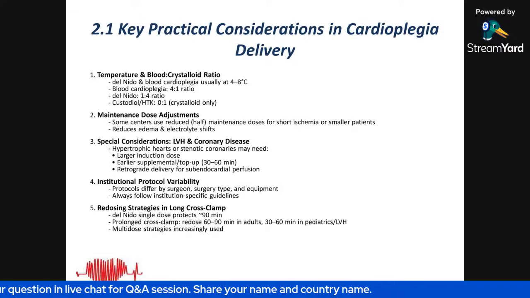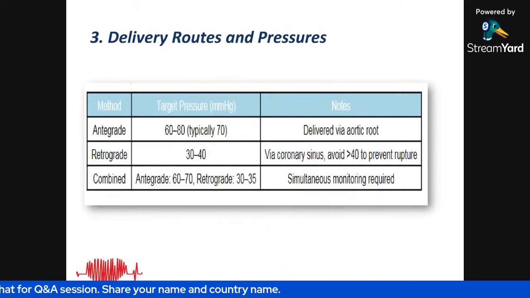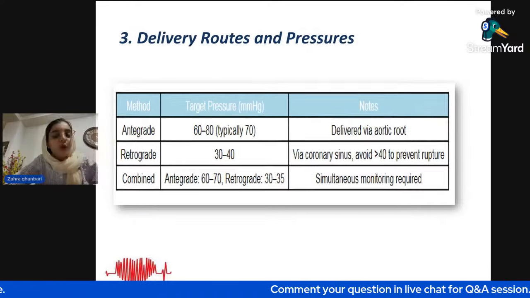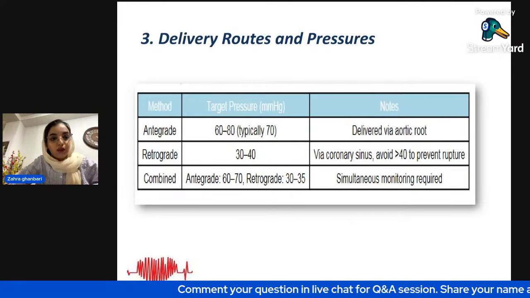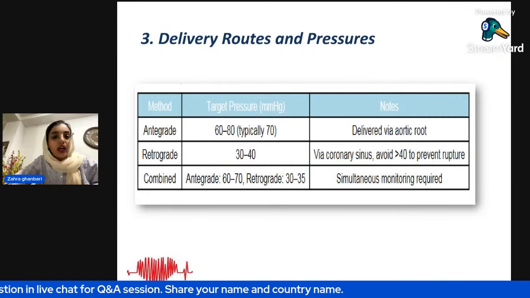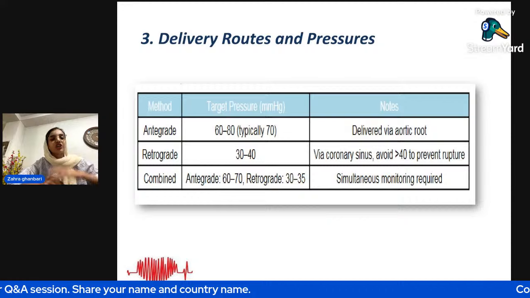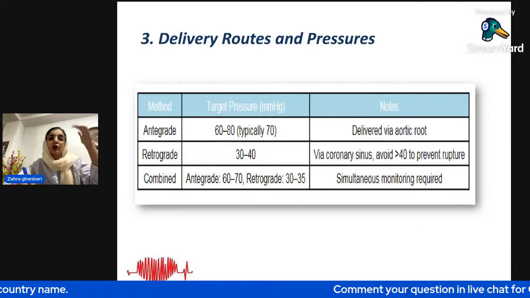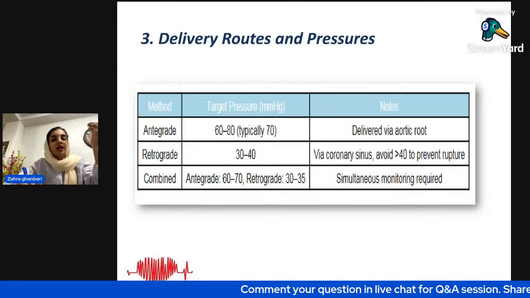So go to the next slide, please. Thank you. This table shows the delivery techniques of cardioplegia solution. One method is antegrade. In this method, we inject cardioplegia solution in the aortic root into the coronary arteries, and we usually use this method.